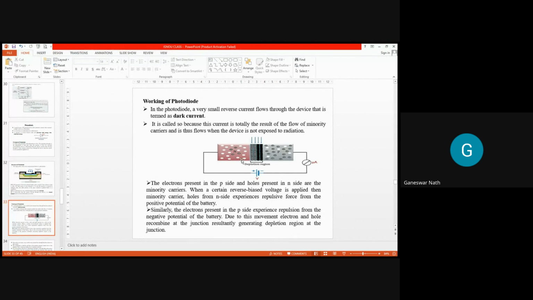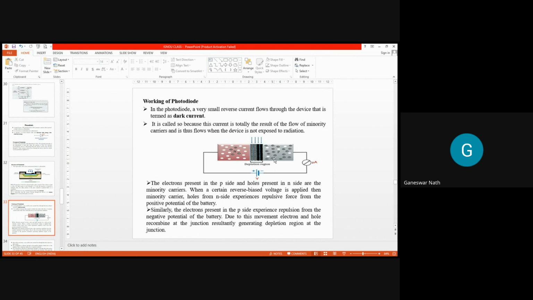Even on the N side there are some electrons, and on the P type there are these white spots, which are basically the holes. So when there are some holes in the N type and some electrons in the P type, there is always a density difference and also a potential difference, and that potential difference helps move the charge carriers from one region to the other region.